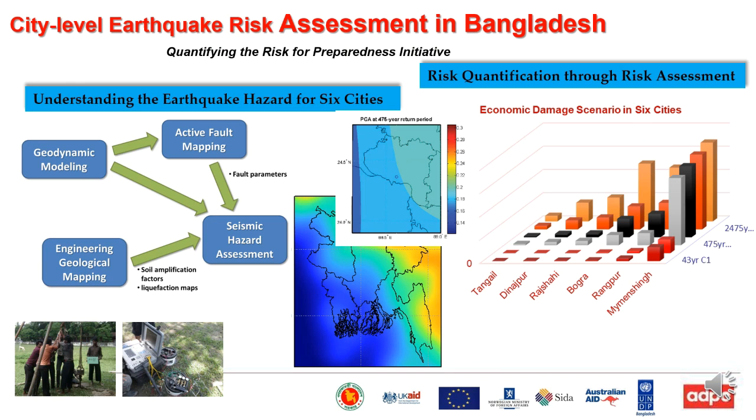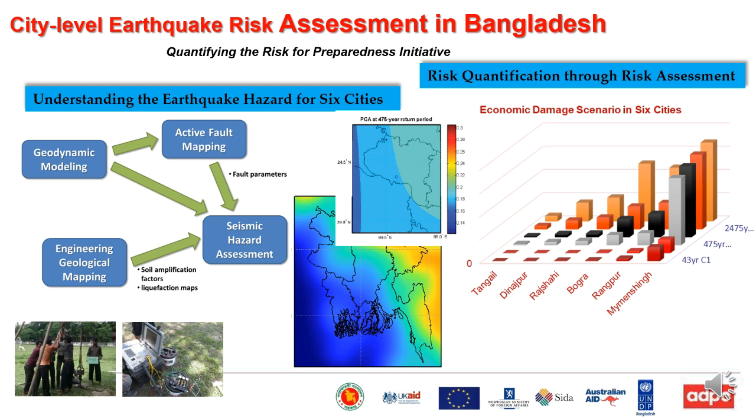This is another one, city level earthquake risk assessment in Bangladesh. So quantifying the risk for preparedness initiative. It was more scientific analysis starting with geodynamic modeling, active fault mapping, and engineering geological mapping, which turns out to seismic hazard assessment in the country.